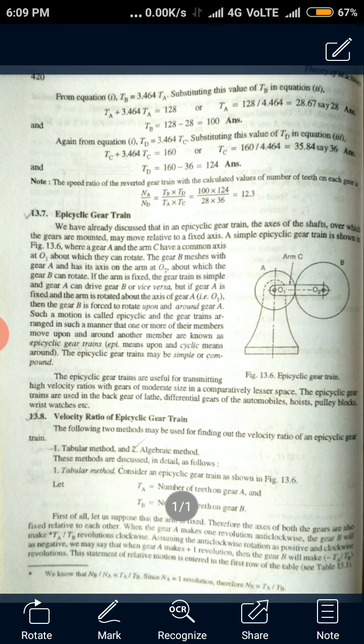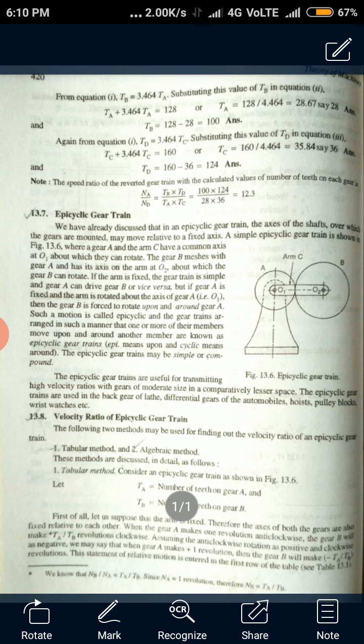Now coming to the second case, assume that you have made gear A fixed and you left the arm C and gear B free. Listen carefully. In the second case, gear A is fixed, and the arm C and gear B are free to rotate. So what happens?